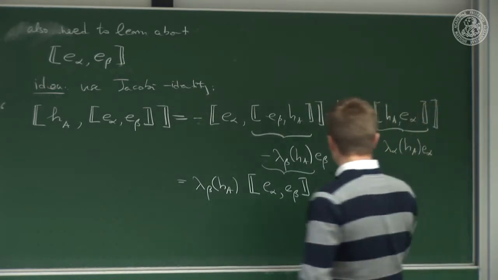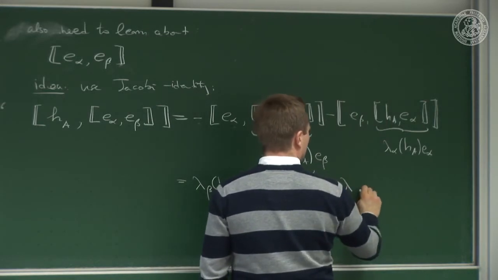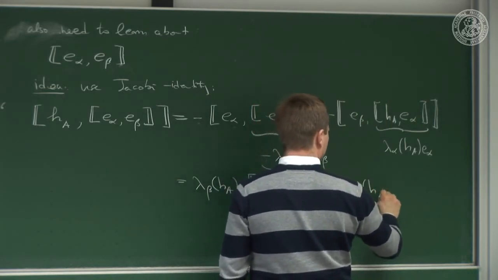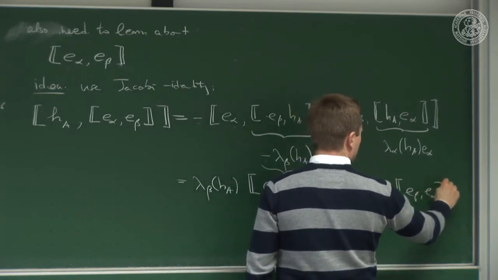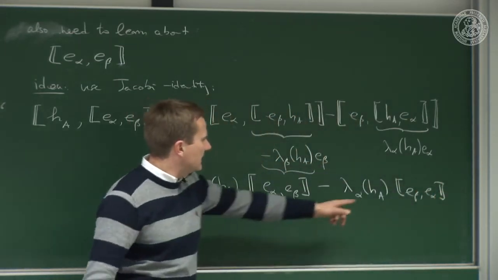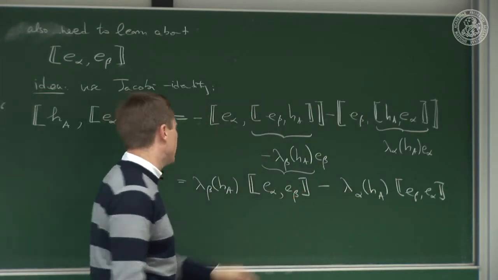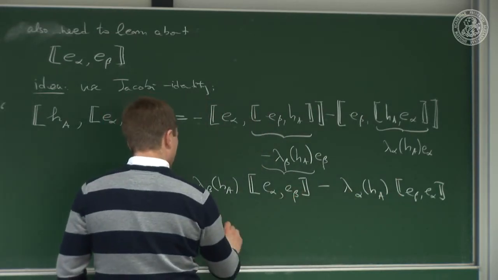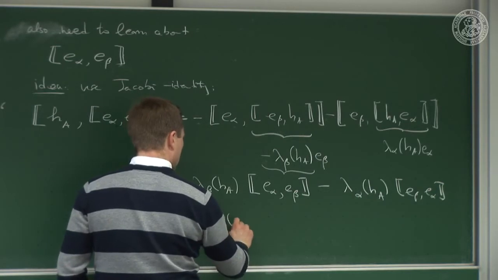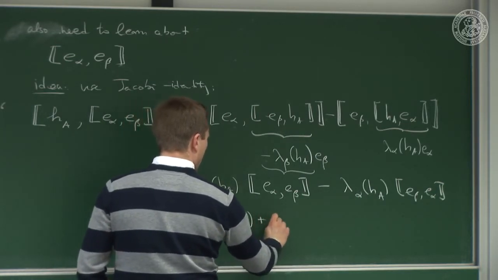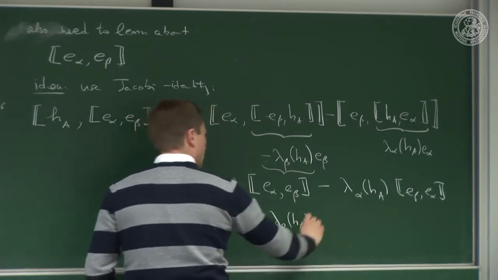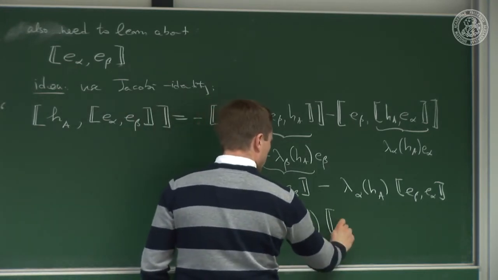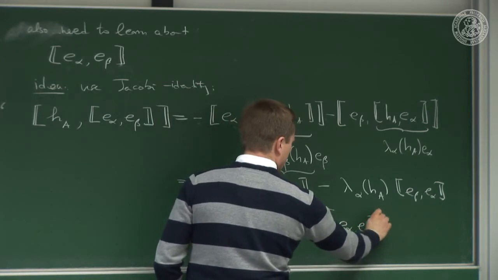Well, let's write it down. It's minus lambda_alpha of H_A times [E_beta, E_alpha]. But of course, [E_beta, E_alpha] is just minus [E_alpha, E_beta]. So in total, we have lambda_alpha of H_A plus lambda_beta of H_A as the factor that goes with [E_alpha, E_beta].